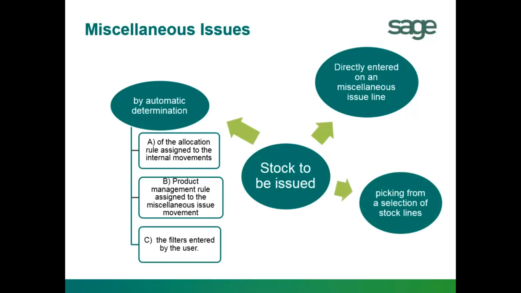If parameters are not set to automatically determine the stock issued, the stock issue entry window automatically displays, and you can select the items to be issued from the picking list displayed.